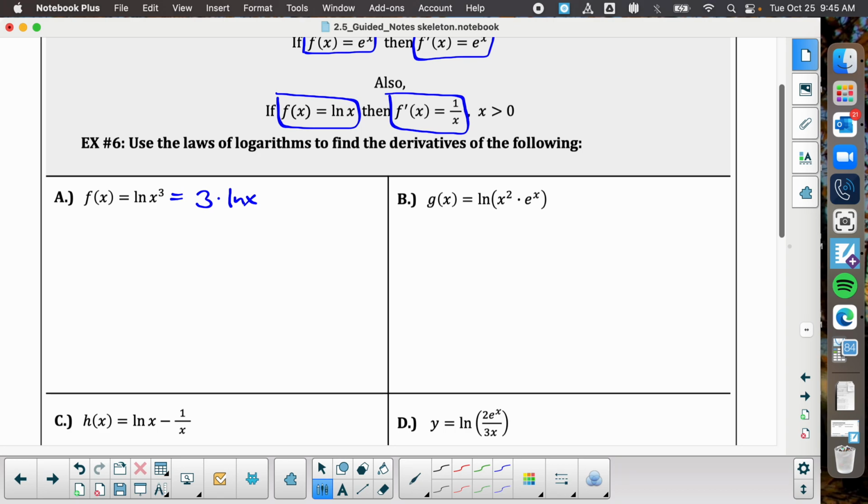Okay, so now I'm going to do the derivative. Any kind of a numeric multiplier is going to be followed into the derivative. So if I had a times 3 in the original function, my derivative will also have a times 3.